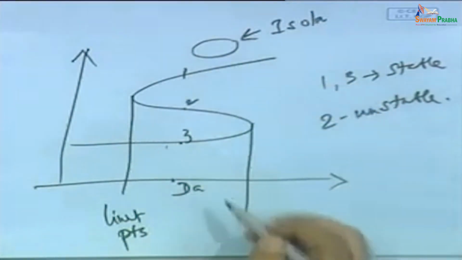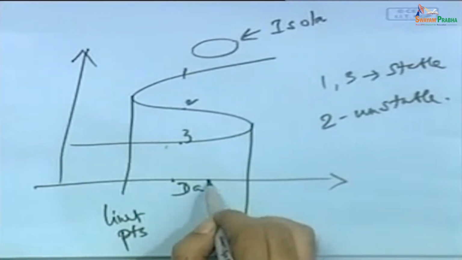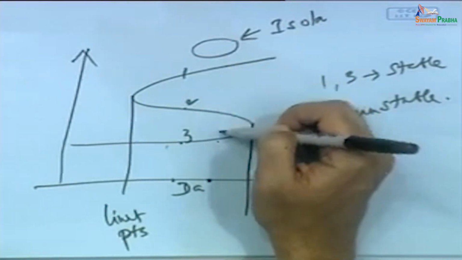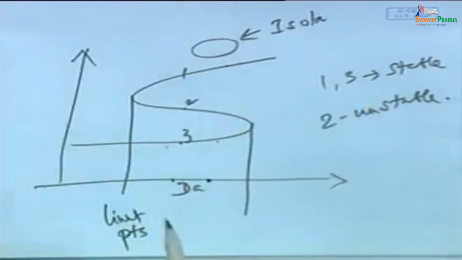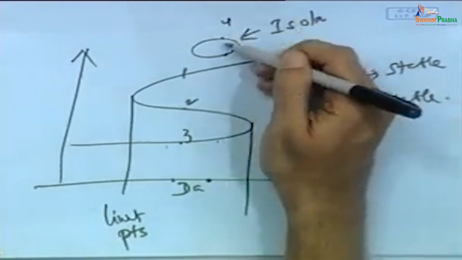When you have an isola, at this particular Damkohler number, how many solutions do you have? 3 at this particular Damkohler number, and at this one, 5. 1, 2, 3, these 3 branches are there, and the isola is there along with the S-shaped bifurcation diagram, so 1, 2, 3 and then 4 and 5.